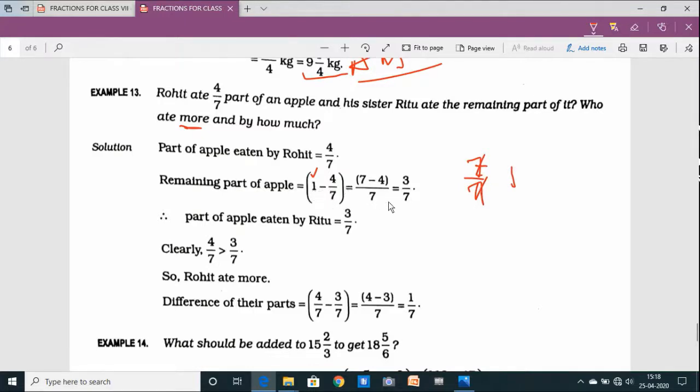And 1 minus 4 by 7, just suppose 7 by 7 minus 4 by 7, what do we get? 7 minus 4 is 3. So the same thing. Hope you understand where this number has come from.